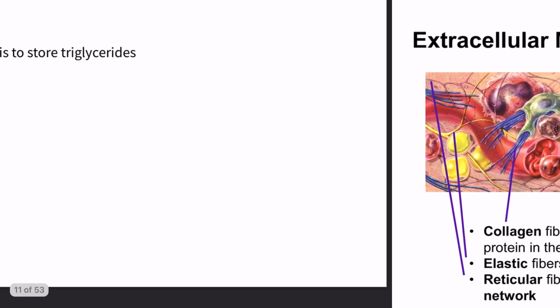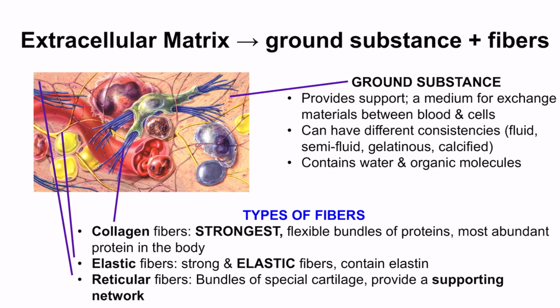But what I find more interesting is the non-living stuff. And we know that collagen is the strongest fiber type, and the largest, and also the most abundant type.